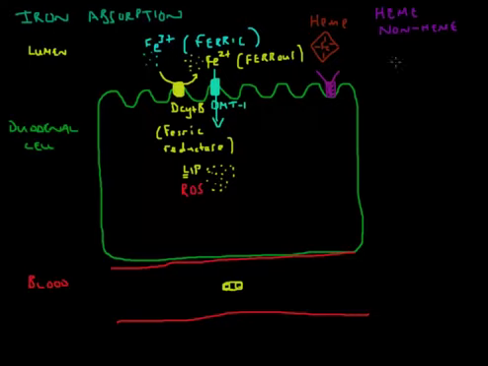Now, there are different theories. Some people said this is HCP1, also called heme carrier protein 1, but that's not so clear. It seems like HCP1 may be more involved with folate absorption than with heme absorption. More recently, they have found another possible molecule that could be responsible for heme absorption, and this one has an even longer name.